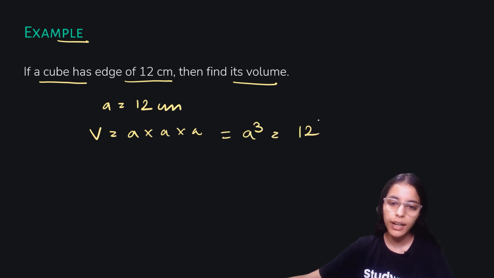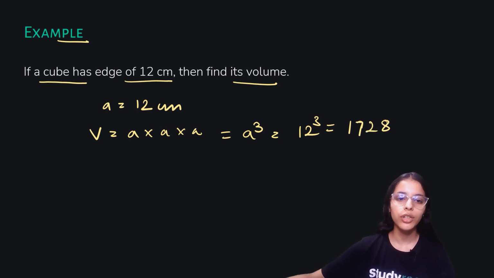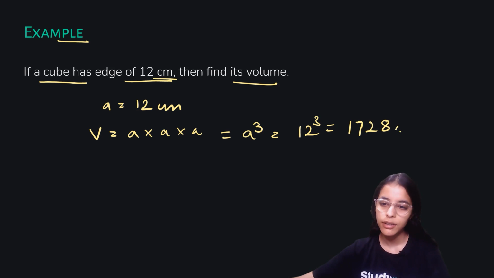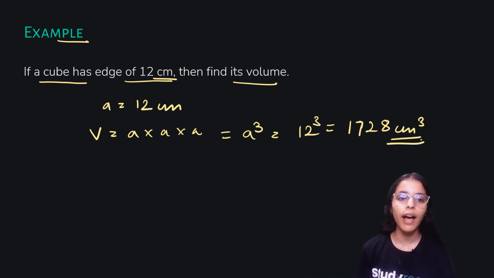So we'll write 12 cube, and for 12 cube you might want to take a calculator, or you can just calculate it by hand. So I'll just write down the answer that 12 cube is equal to 1728. And now the unit would be centimeter cube. So this is how we find out the volume of a cube.